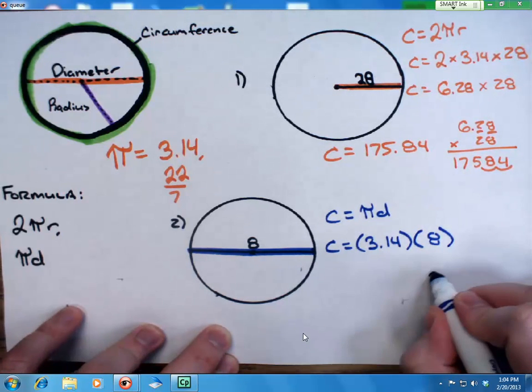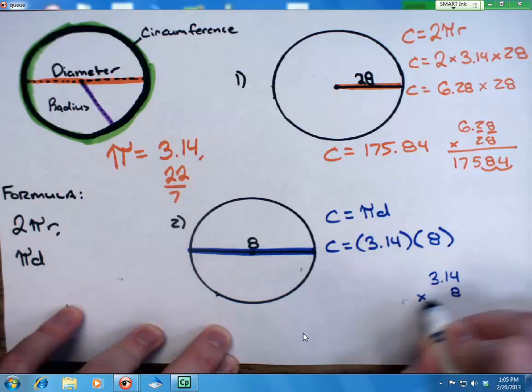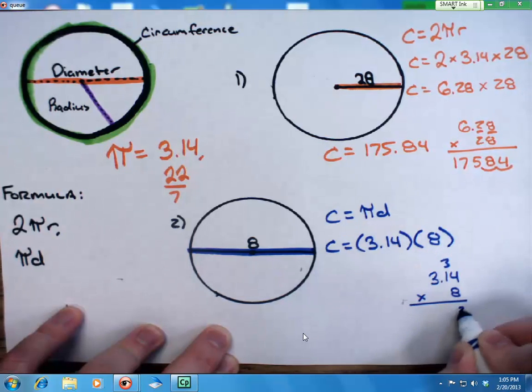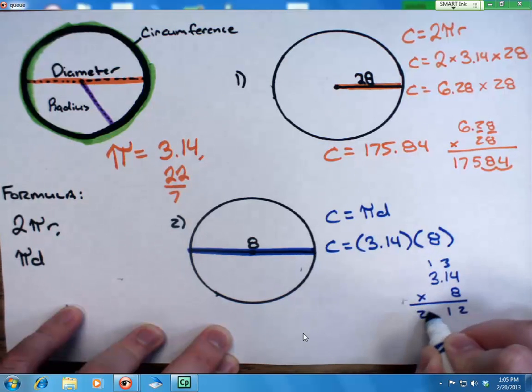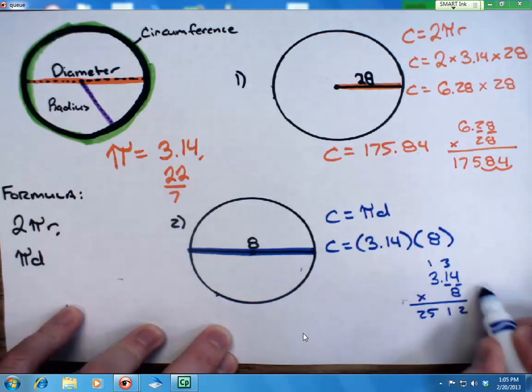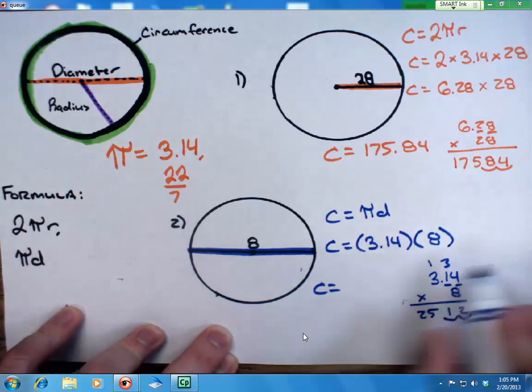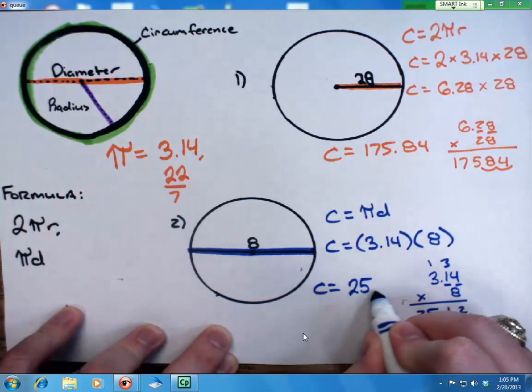When we multiply 3.14 times 8, that gives us 2,512, and I have to move my decimal over 2 places, 1, 2. So my circumference is going to be 25.12.